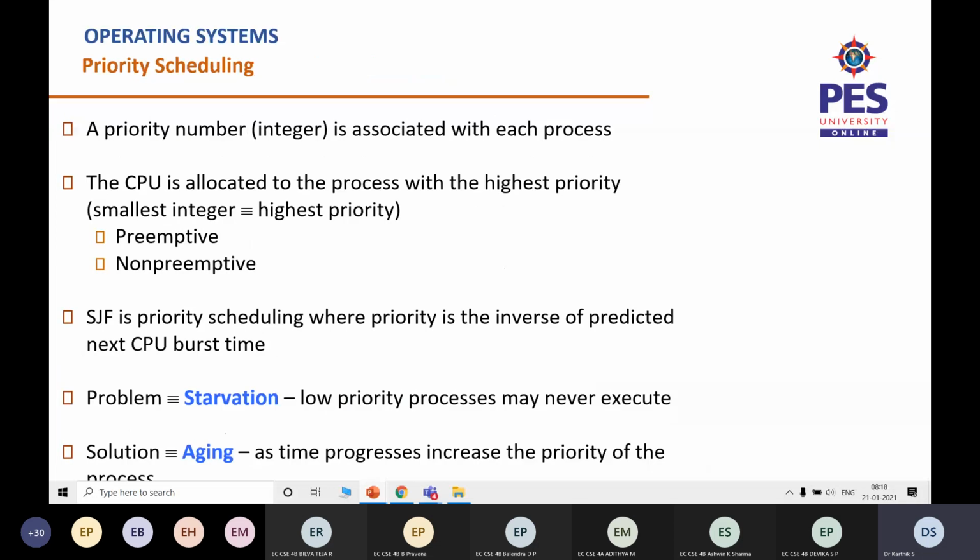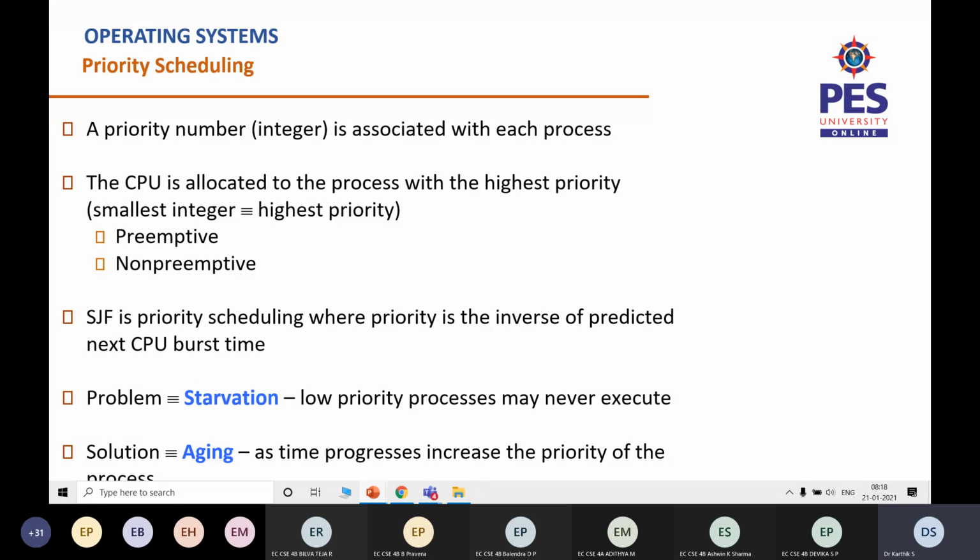The last algorithm that we had seen in the last class is priority scheduling. Everything will come with a priority. There is again a preemptive and non-preemptive version, but the preemptive one makes much more sense. Every process is going to have a priority. Smaller the number means higher priority.